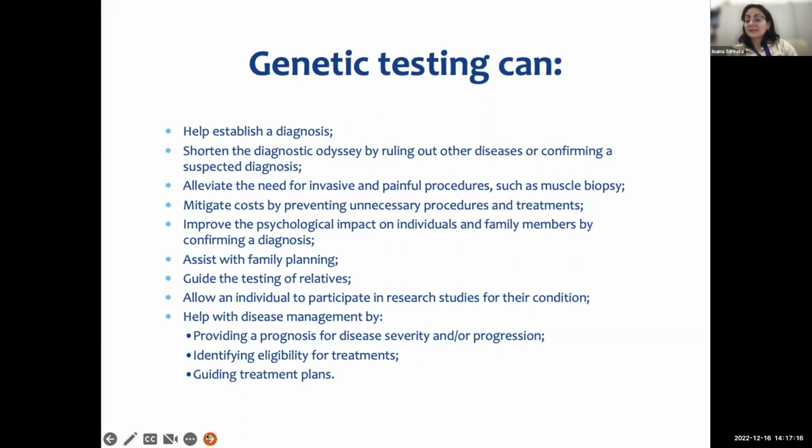Also, disease management can be helped because we can try to provide prognosis for the severity and progression of the disease, and we can sometimes guide the treatment and management based on the genetic test result.